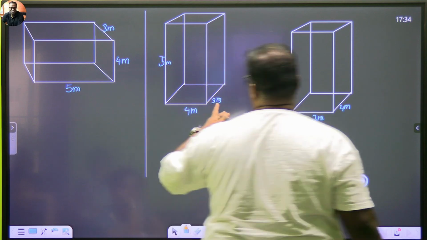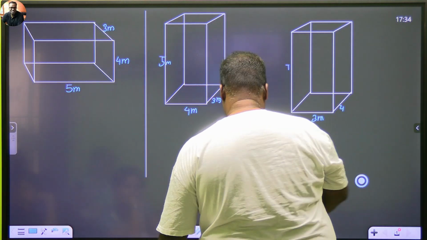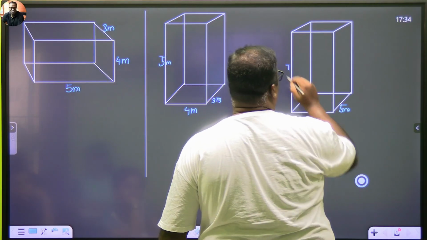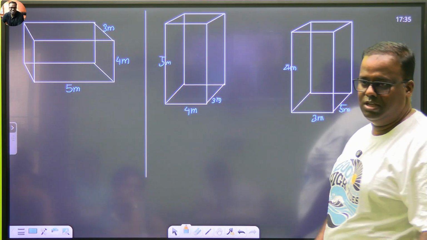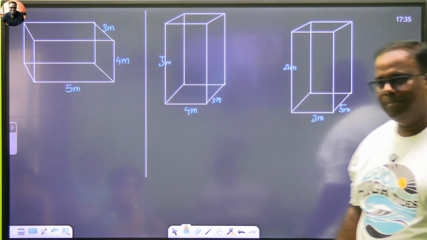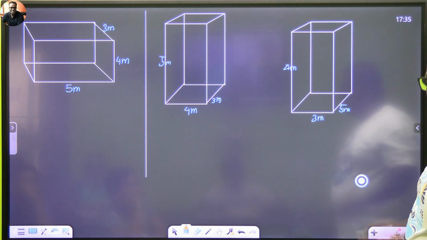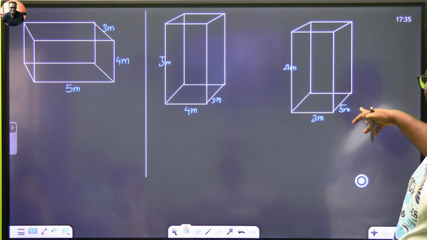No, let's say this is the 5 meter, and this is 4 meter now. So I've turned it on 3 different sides. Have you tried to understand what I'm doing? The shape should have been different. You want me to redraw it because you're seeing the 5 meter very small? Is it okay with you?